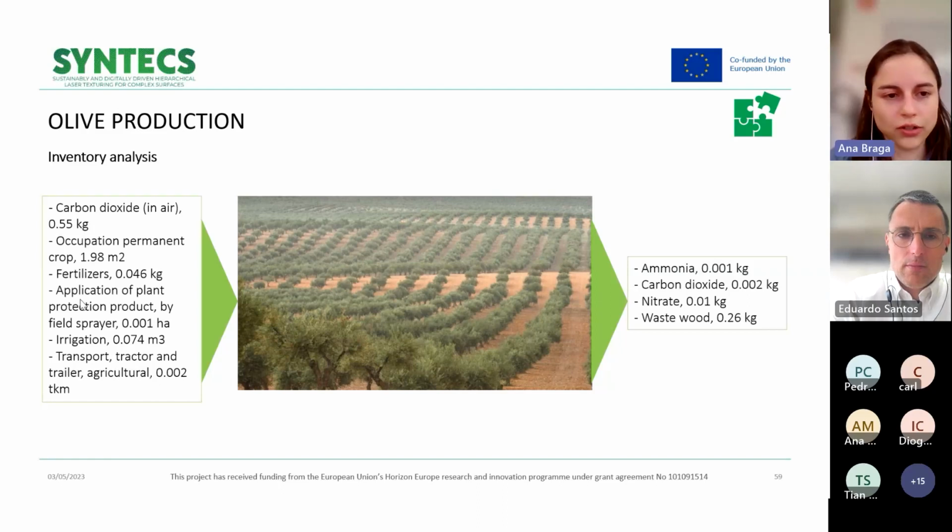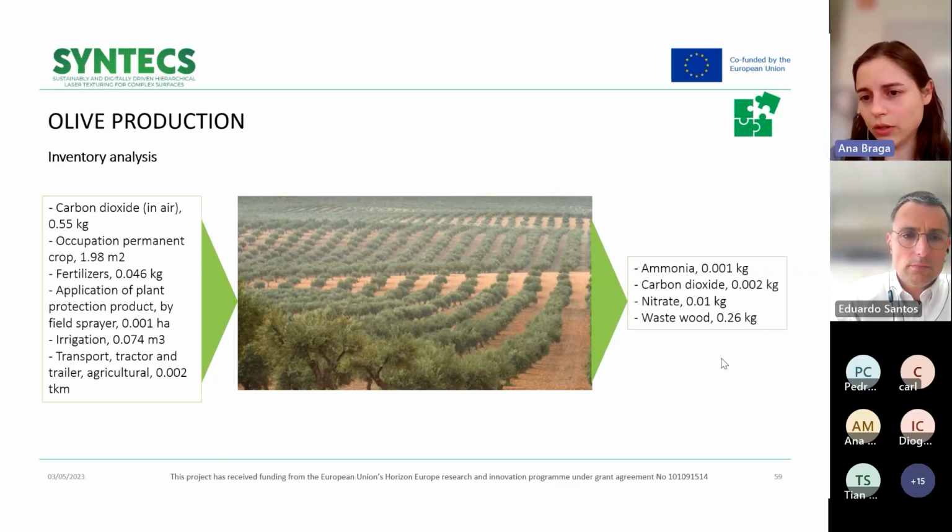And then we have the technological sphere. We know that we have to have fertilizers for productivity growth, also application of protection products, some irrigation if the rain is not enough, and also machinery and transportation for all the steps, and also to transport the olives to the extraction mill.